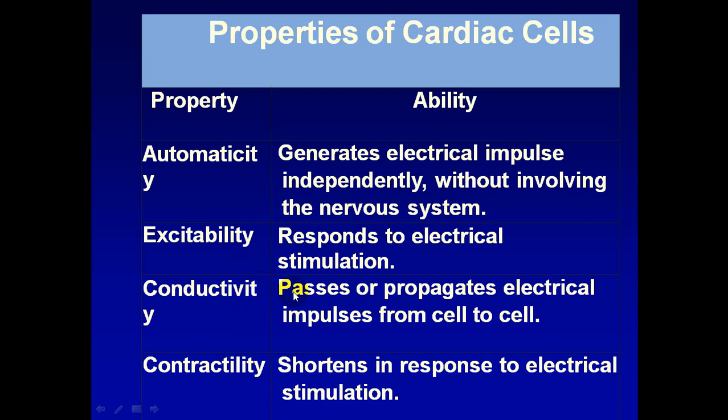Conductivity is passing or propagating electrical impulses from cell to cell through the gap junctions or intercalated discs. Contractility is shortening in response to electrical stimulation.